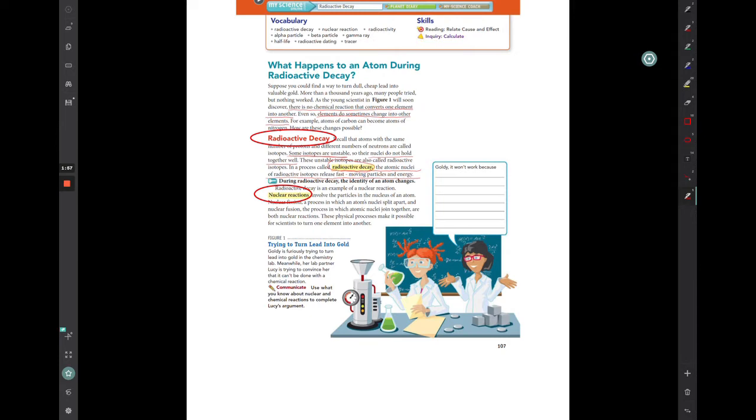Something is happening to these particles that causes a reaction. The first is nuclear fission. Nuclear fission is a process in which an atom's nucleus splits apart. So the particles within the atom get split apart, and that's what we call nuclear fission.